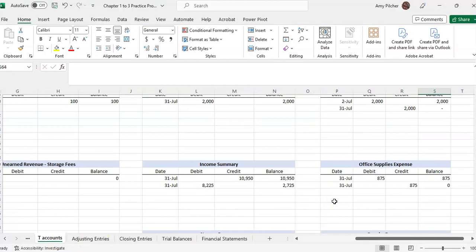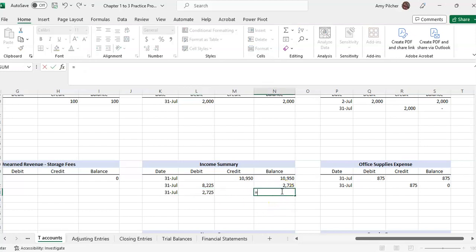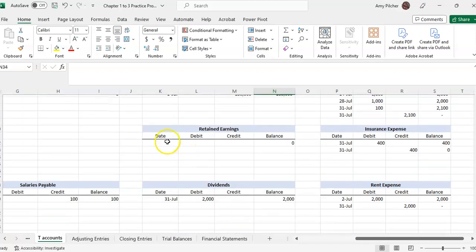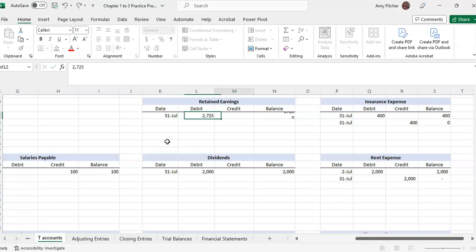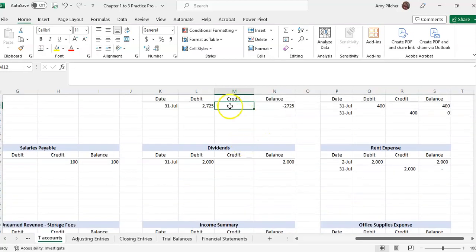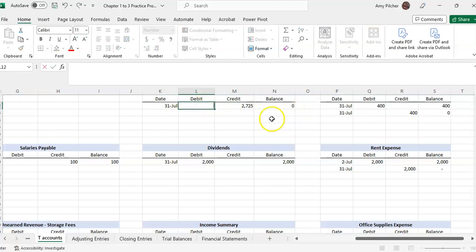Okay, so that is a credit and not a debit.